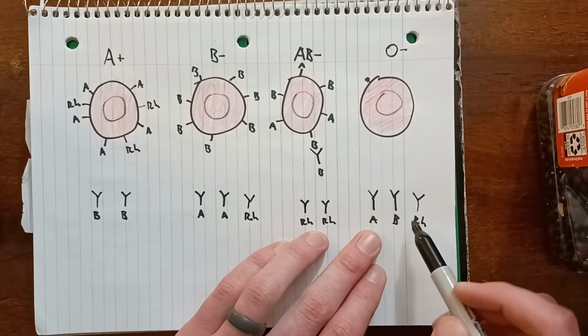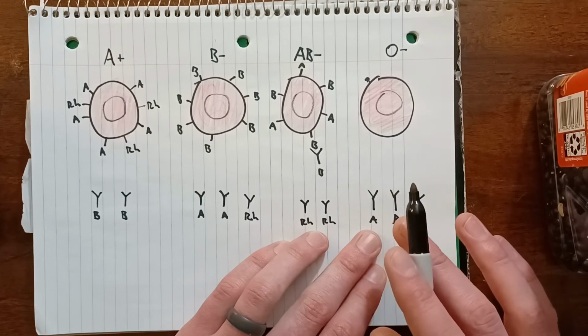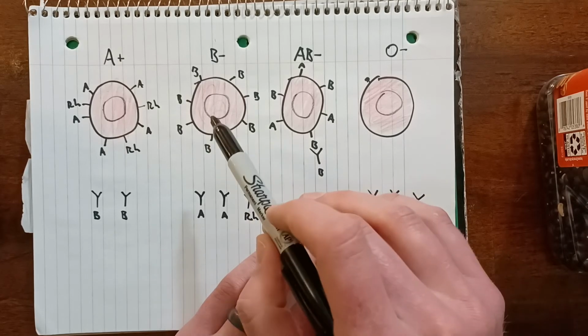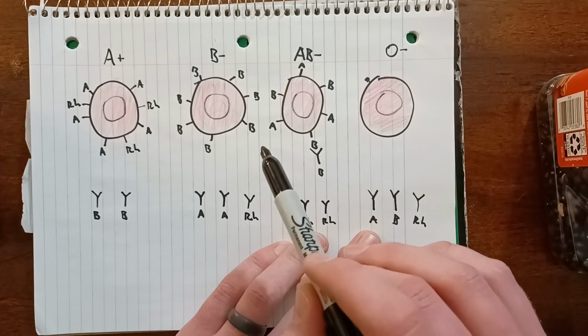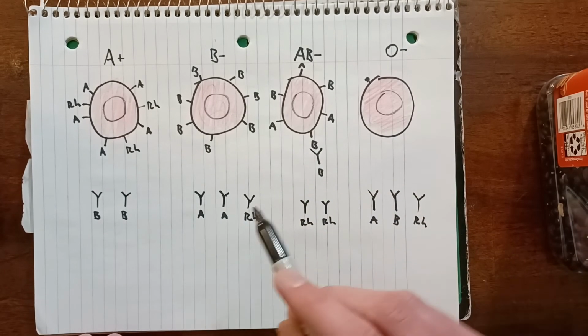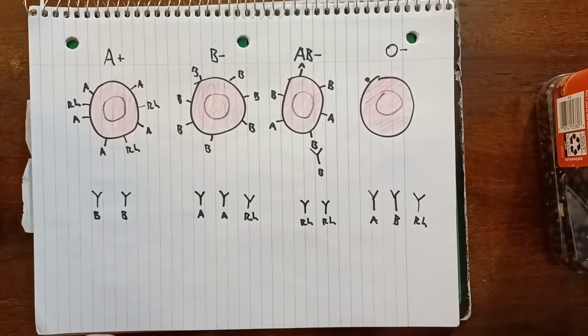So the amount of antibodies in the blood is super small, and we're not really going to cause any issues there. It's mostly a matter of whether we're introducing antigens that the person's immune system is going to recognize, create antibodies against, and destroy. So hopefully that helps make a little bit more sense.